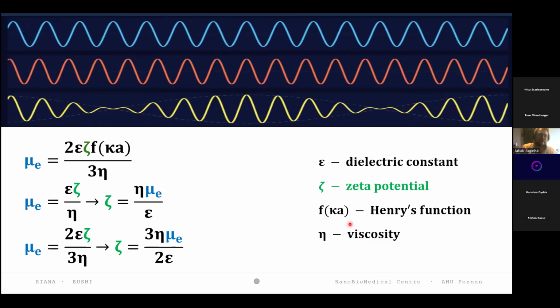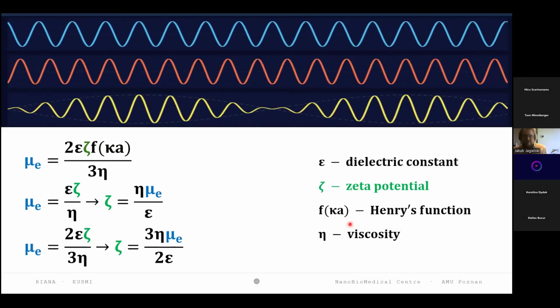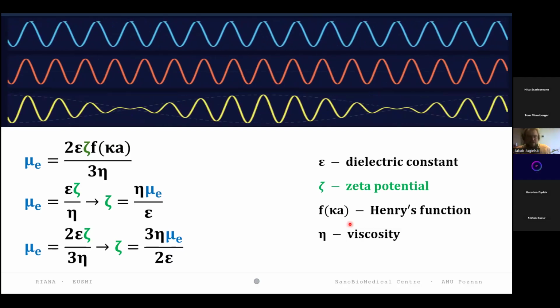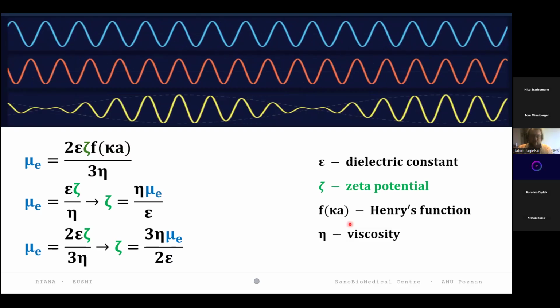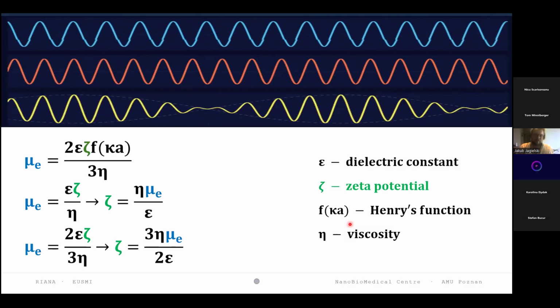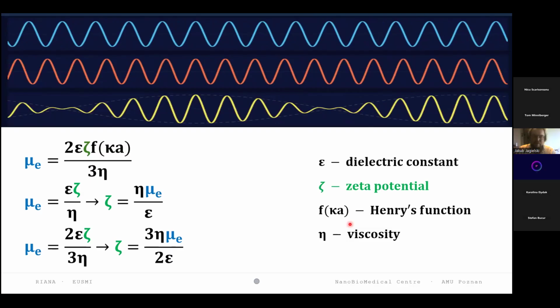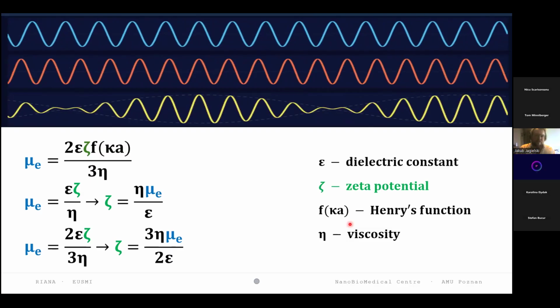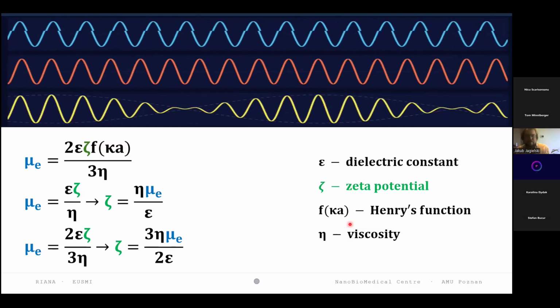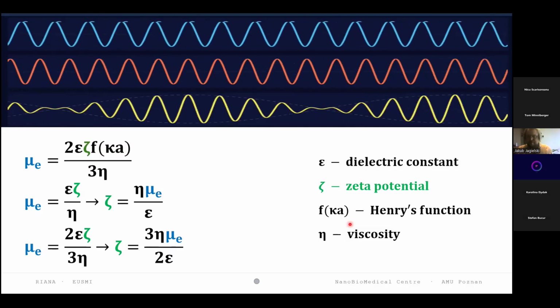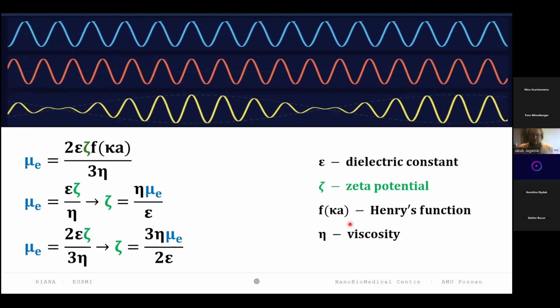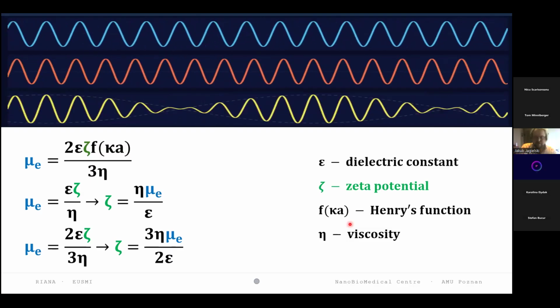and then we can simply obtain zeta potential as a function of the viscosity of our sample, which is close to water viscosity, over the dielectric constant, using the electrophoretic mobility we extracted in the previous slide.